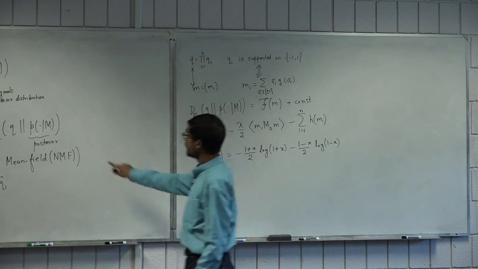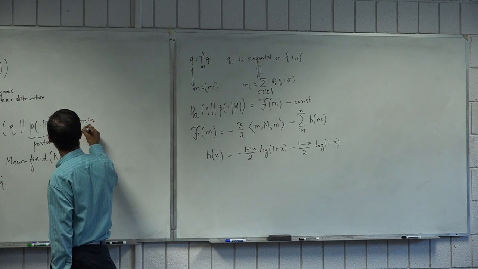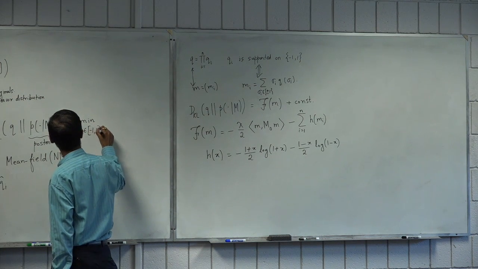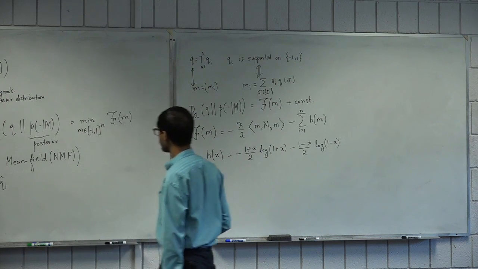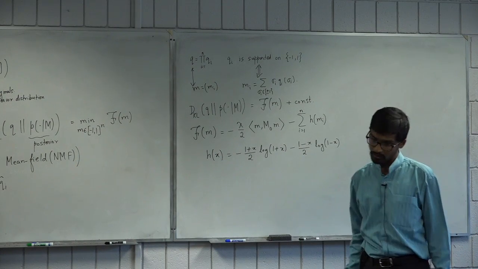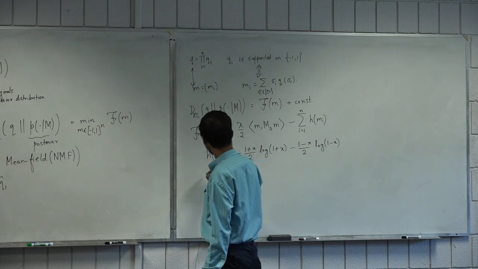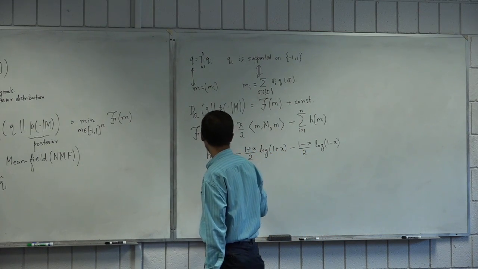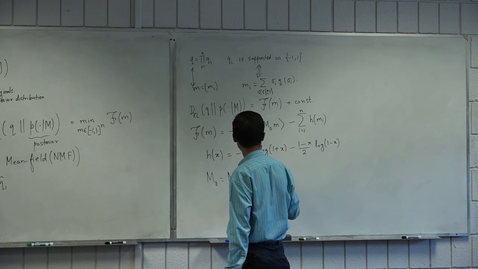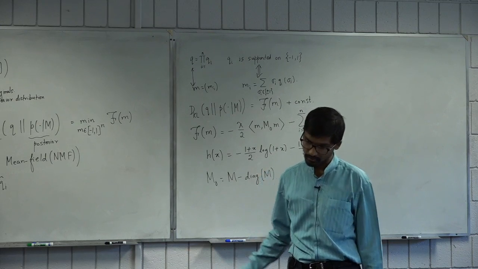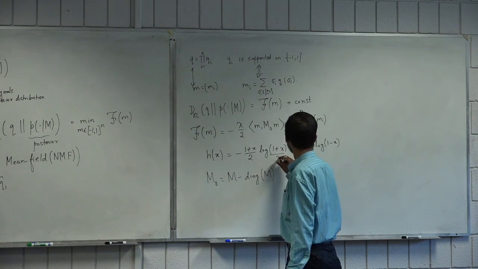So this problem is now just the minimization over m of f of m. And one small thing, this m0 is nothing but m minus its diagonal, so you need to subtract out the diagonal. This doesn't really make a big difference. I missed these factors.